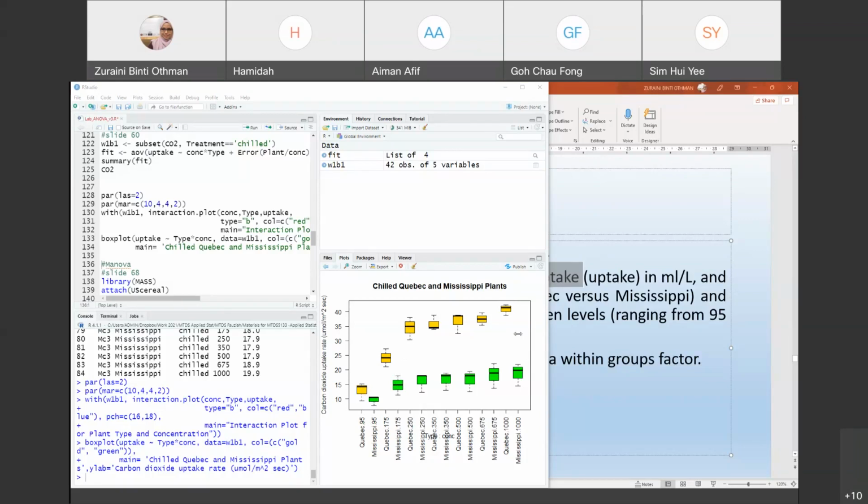The difference is more pronounced at higher ambient carbon dioxide concentrations. You can see that the difference gets higher as the level increases, and the difference we get here is bigger than at the lowest level.